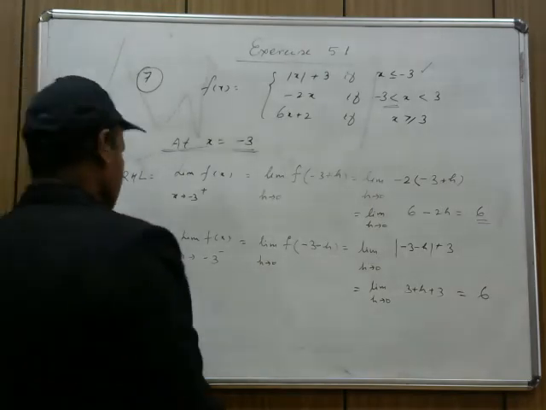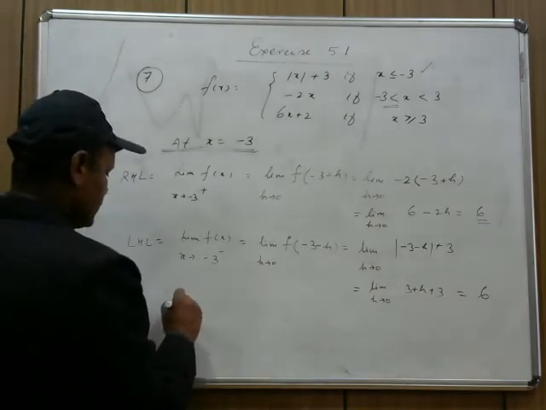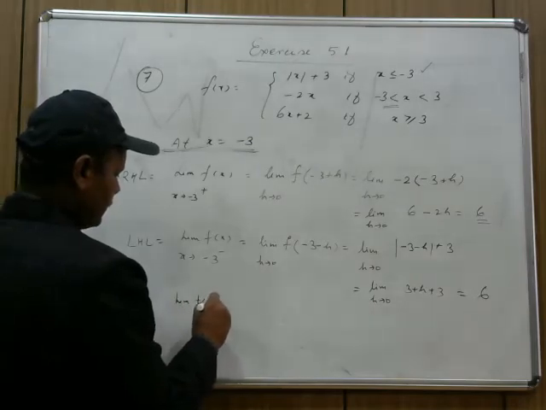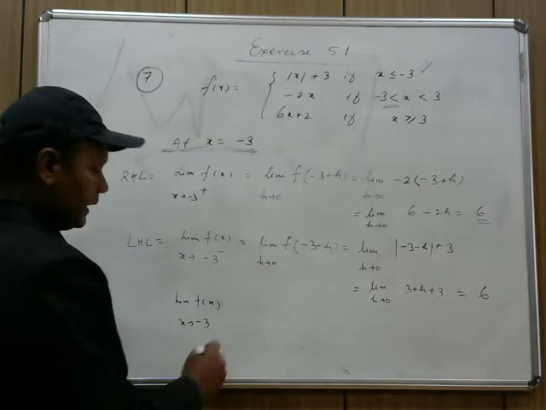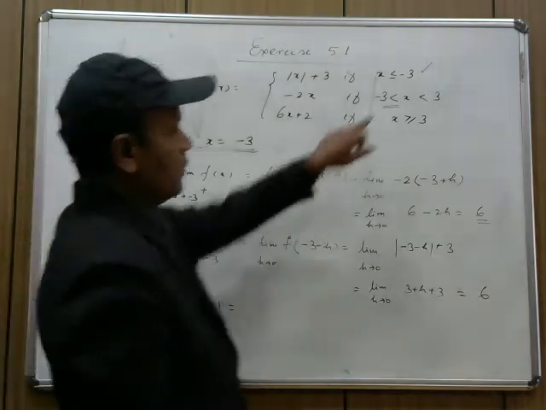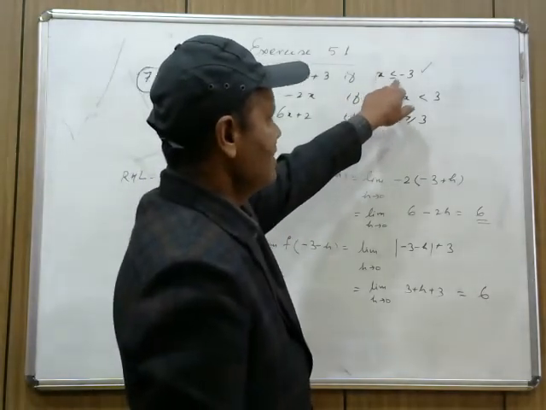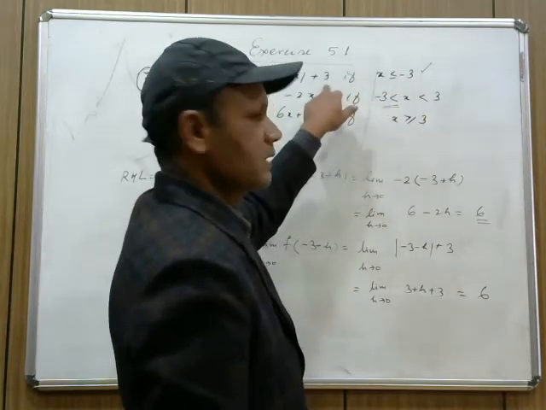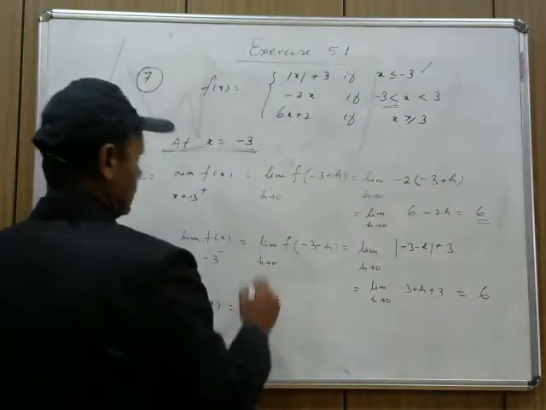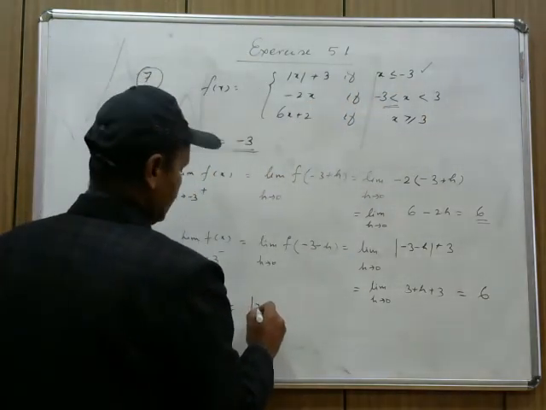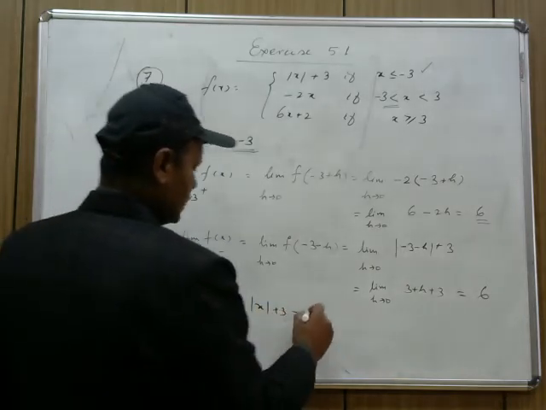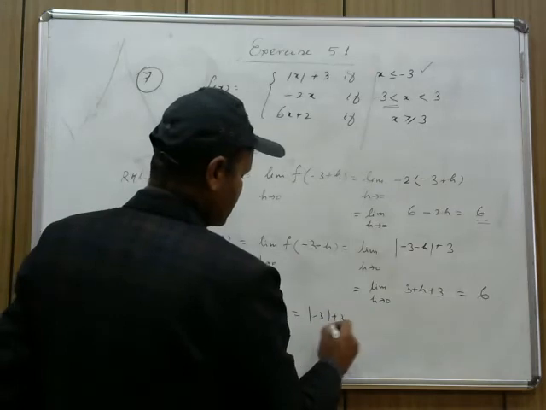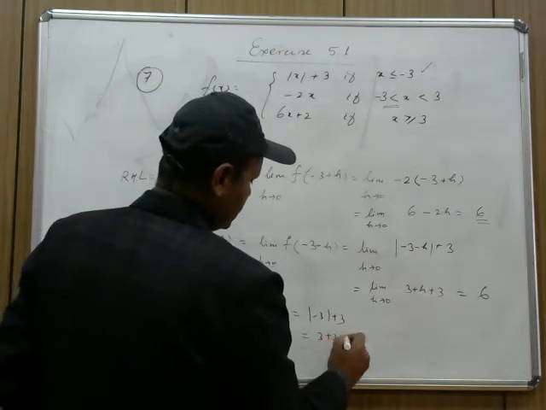Now if I check at x is equal to minus 3, for x less than or equal to minus 3 the same function I have to use, and that is equal to what? Mod of x plus 3. As x tends to minus 3, mod of minus 3 plus 3, that is 3 plus 3, equal to 6.